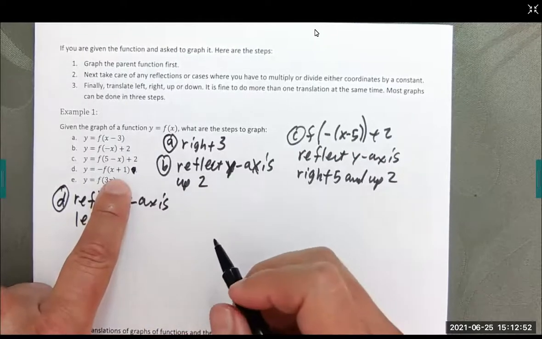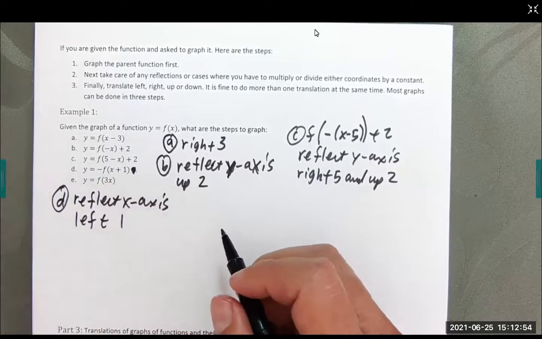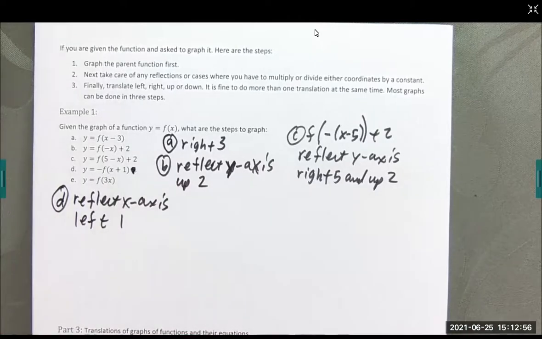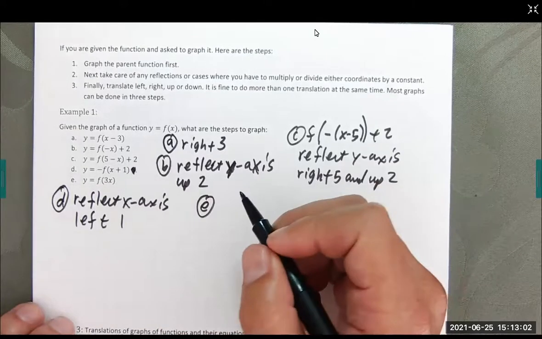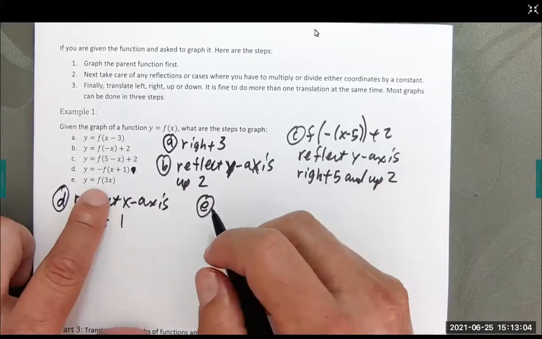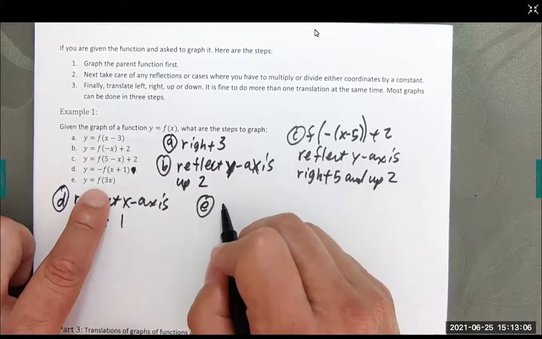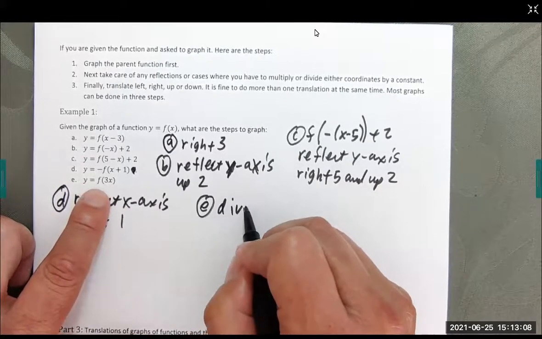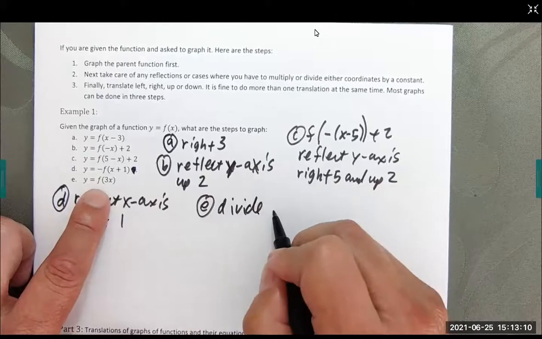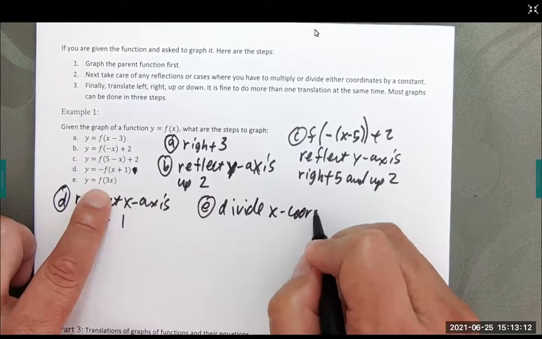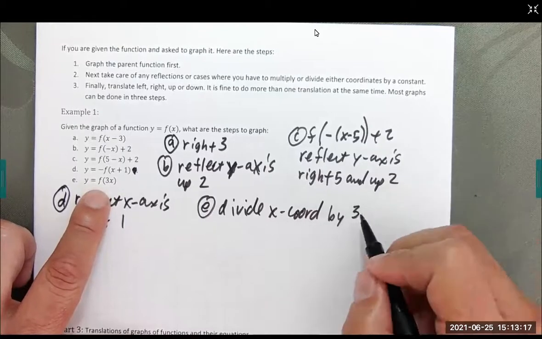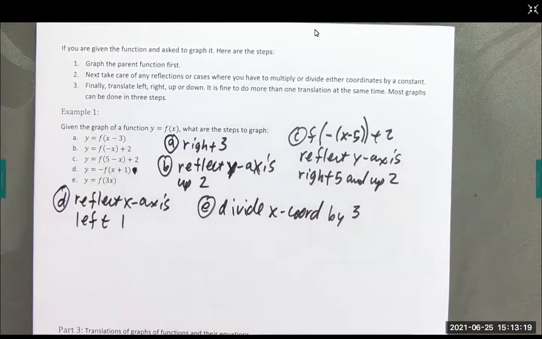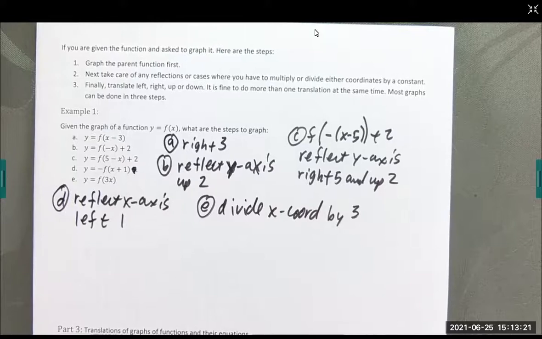So the opposite sign of that is negative, which is to the left. In part E, f of 3x, what we're going to do is divide the x coordinates by 3. It's always the opposite. We could say multiply by 1/3. That means the same thing for us.